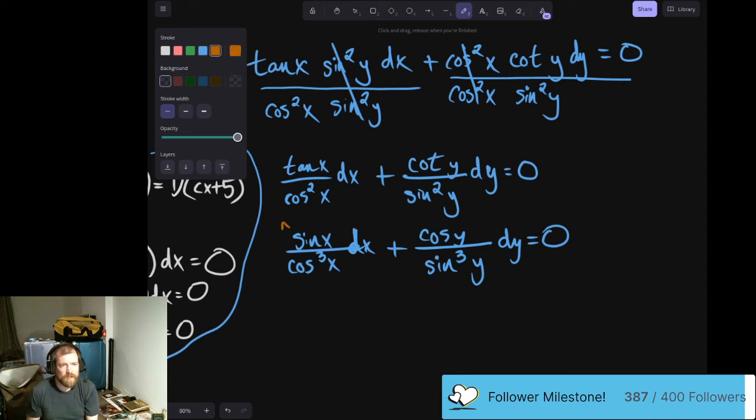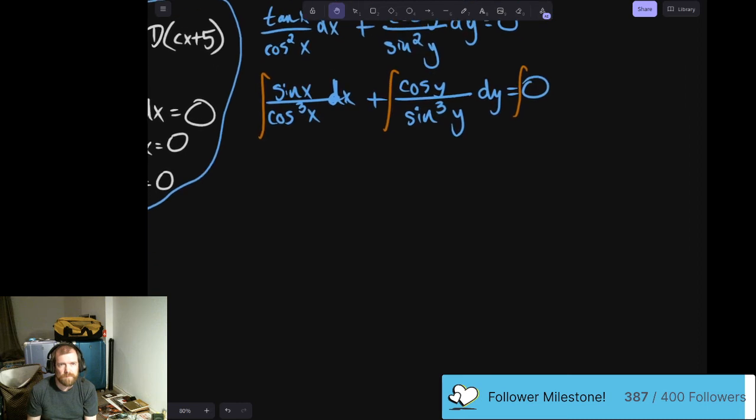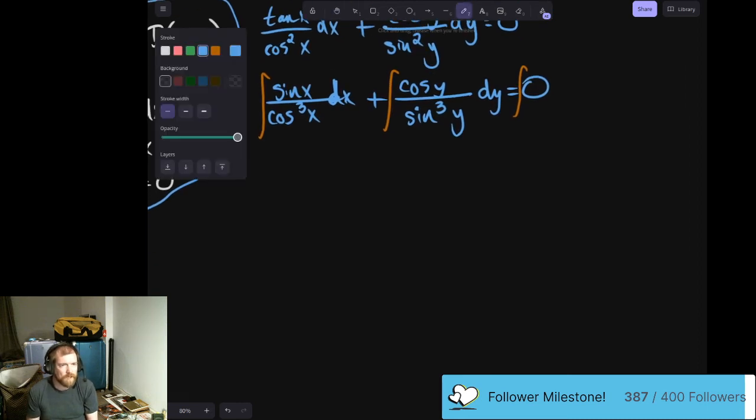Individually, we can take their individual antiderivatives. So if we let u be equal to cosine of x, then du is equal to negative sine of x dx, and this is going to be the negative antiderivative of du over u cubed.